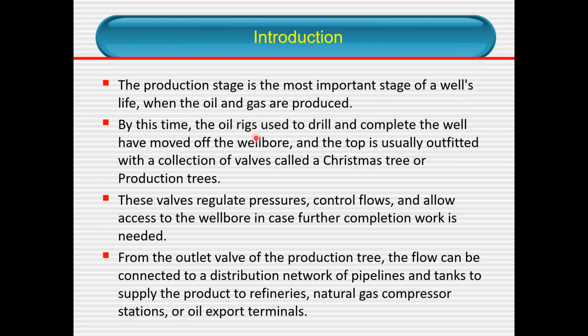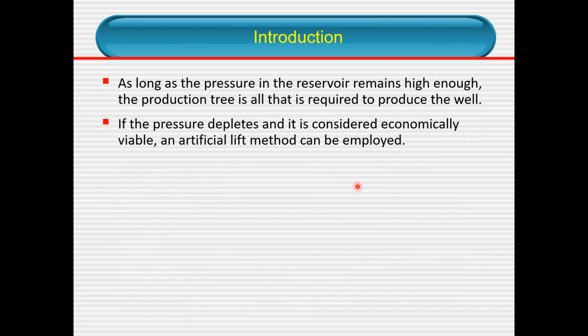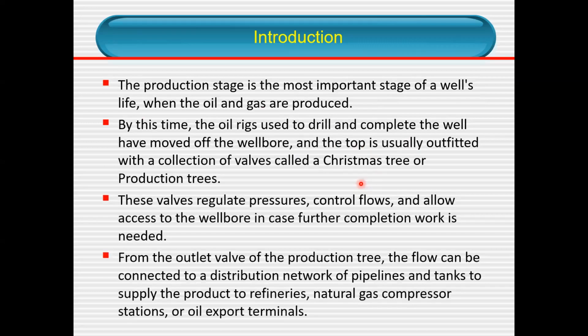Whenever gas is being produced, by this time, when you start drilling, all the completions, all the drilling, everything will be taken off. What will be left is the casing, tubing, the Christmas tree. I'm sure you're going to hear a lot more jargon or terms like Christmas tree or production trees, which are used widely in the petroleum industry.